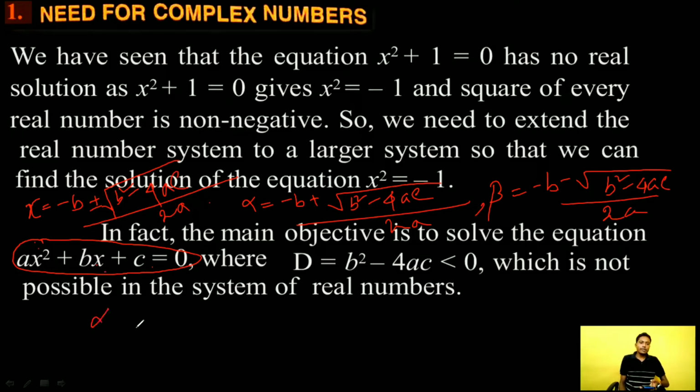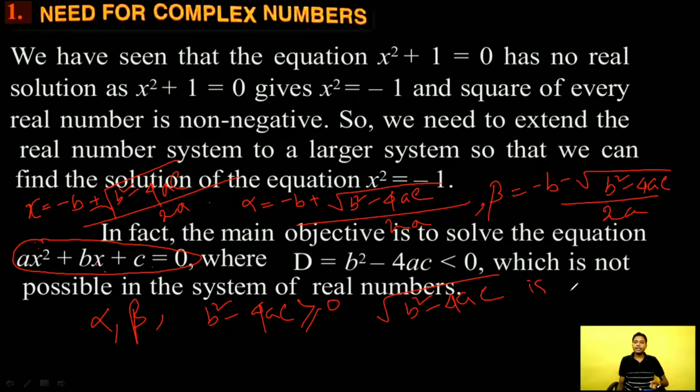Now these two roots alpha and beta will be real if b square minus 4ac is greater than or equal to 0, because then root over of b square minus 4ac is a real number. But if b square minus 4ac is less than 0, then root over of b square minus 4ac is not a real number.